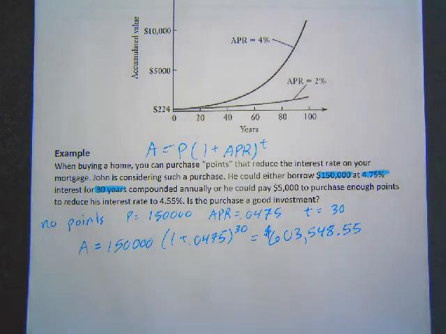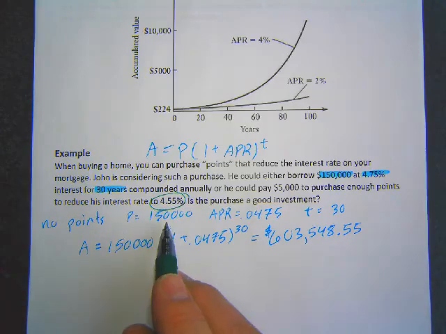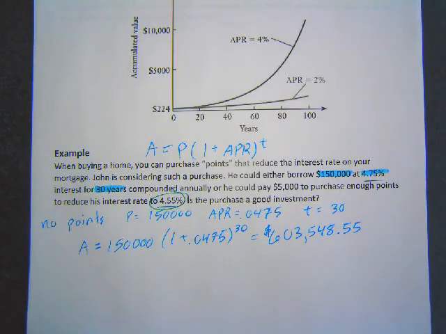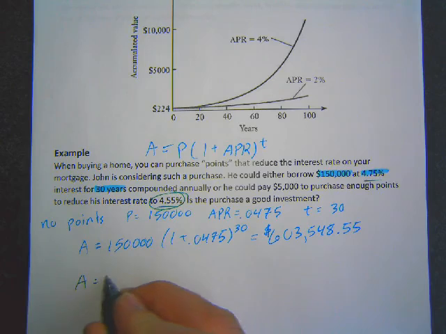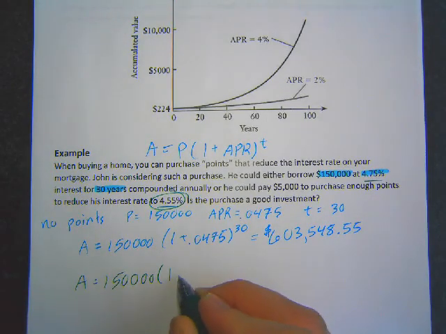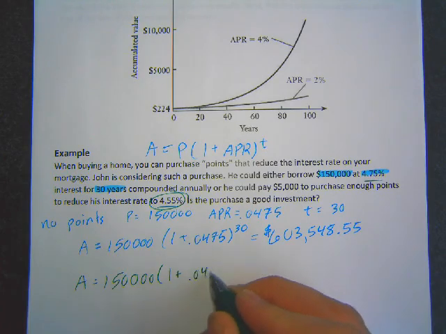So let's try it again, but this time let's use this 4.55%. How much could he save if he could just lower that from 4.75 to 4.55? The same formula, the principal and everything will be the same. The only difference is this interest rate. So now we're going to do 0.0455.